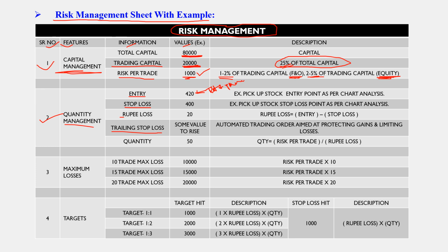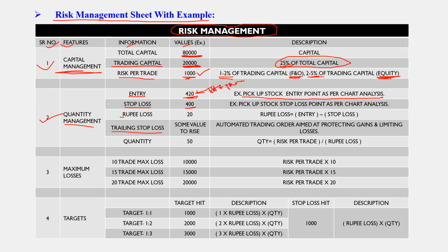When can I take this entry point? We pick up the stock entry point as per the chart analysis. Today's example is a long position, which means we are anticipating the market will go up. So this entry point will be analyzed through chart analysis. This is our entry point, 400.